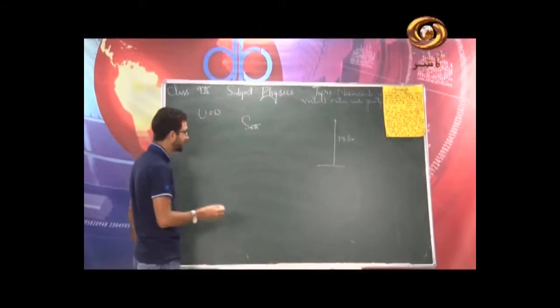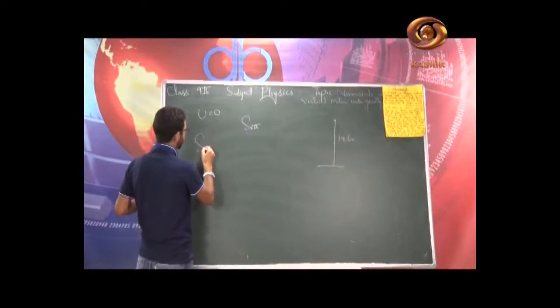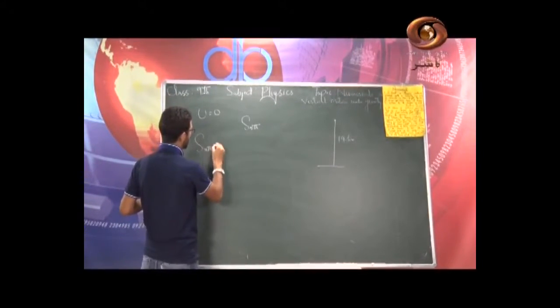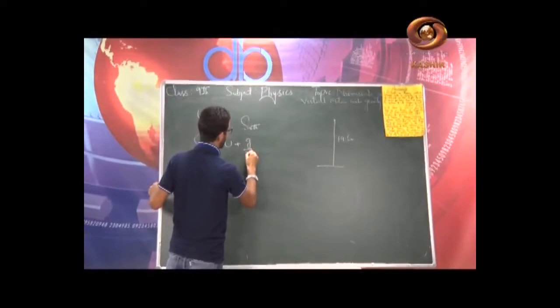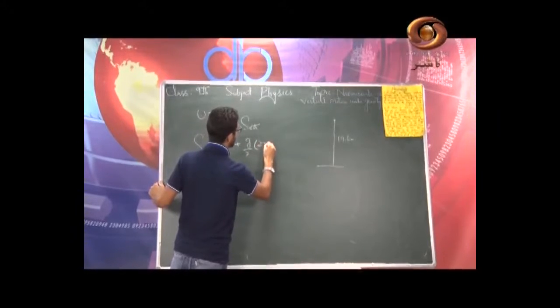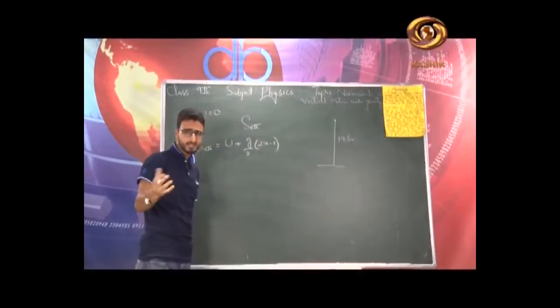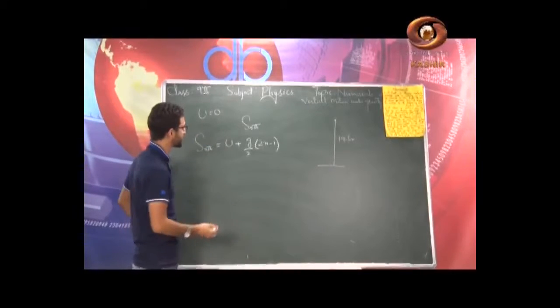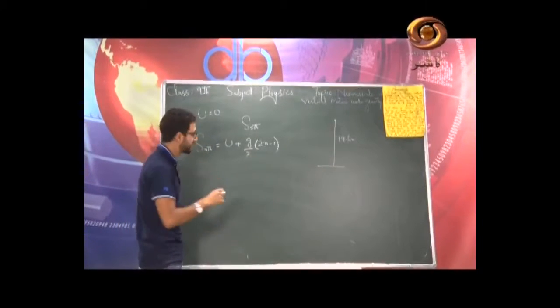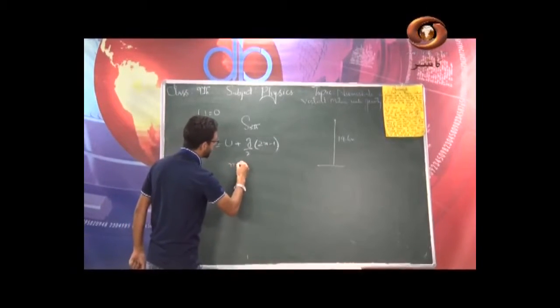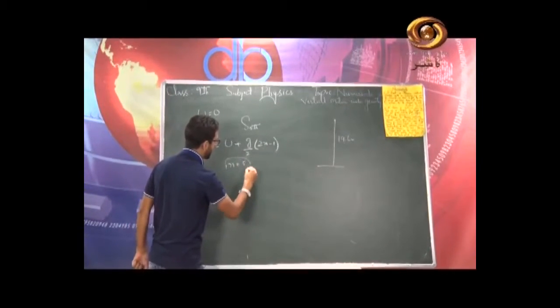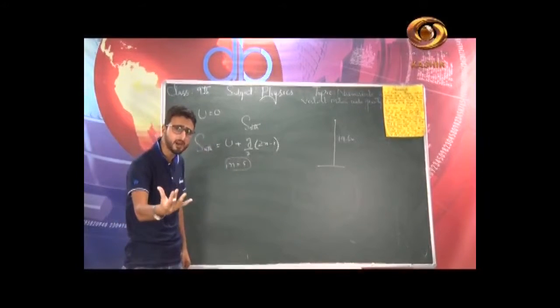If you remember the 5th equation of motion, this s(nth), it is equal to u plus g by 2 into (2n minus 1). Now since the body is released from rest, and we have to calculate the distance traveled in the nth second, here in place of n I will write 5, because we have to calculate the distance traveled in the 5th second of its motion.